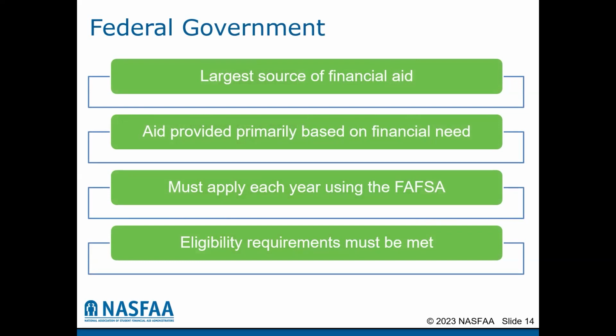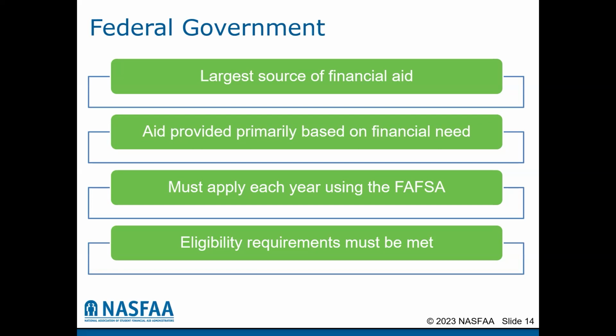Let's now discuss the financial aid that can be provided or accessed through the federal government. The federal government is the largest source of financial aid. The majority of aid available is provided on the basis of financial need, which is determined by the information submitted on the FAFSA.